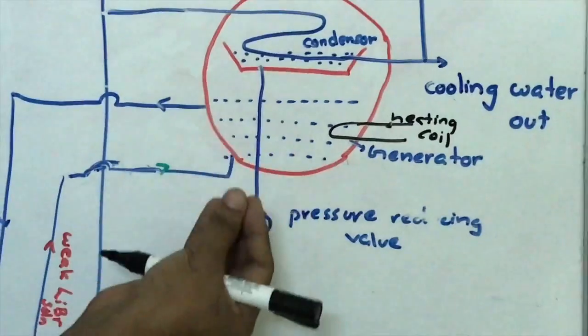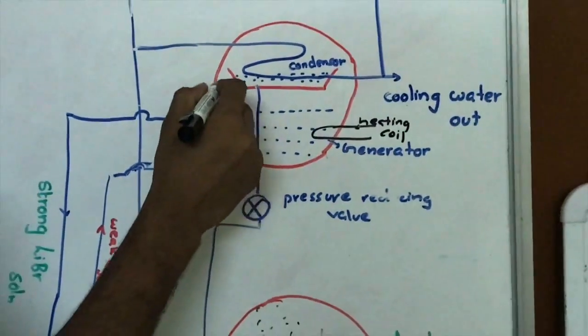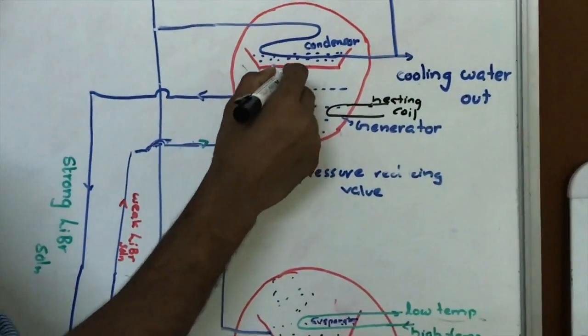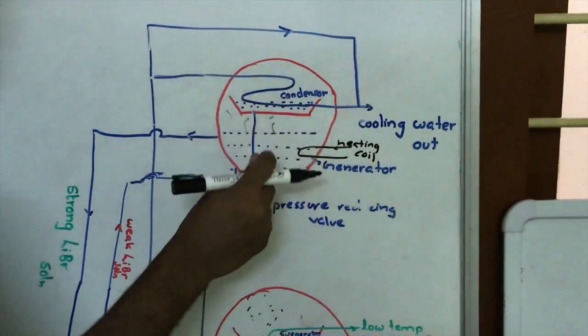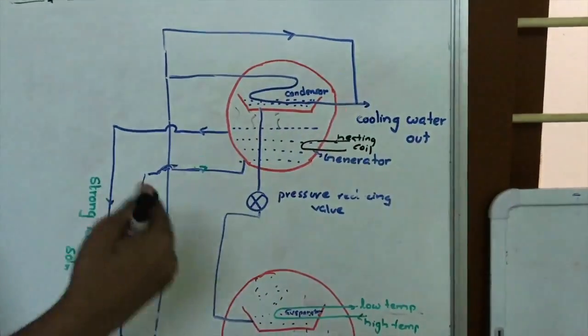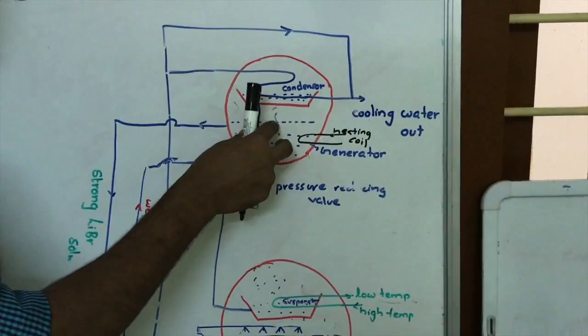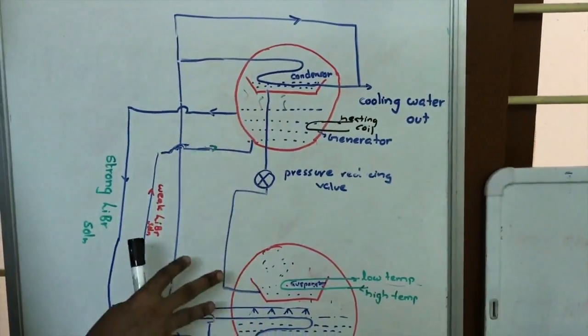As this solution is heated, water vapors will be coming out. As water vapor comes out, the solution becomes concentrated. So we are having a concentrated solution in the absorber.